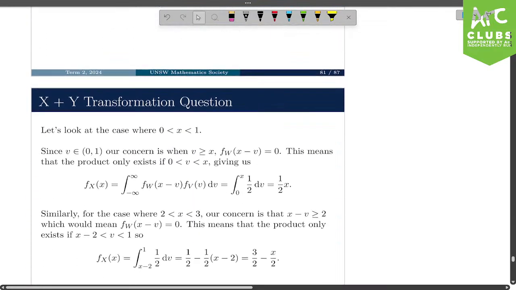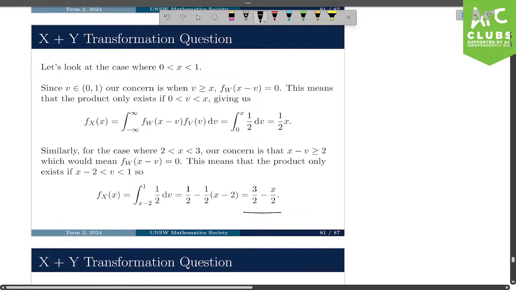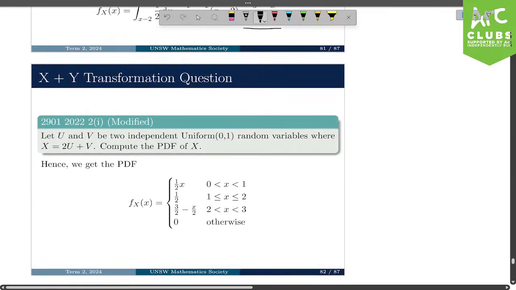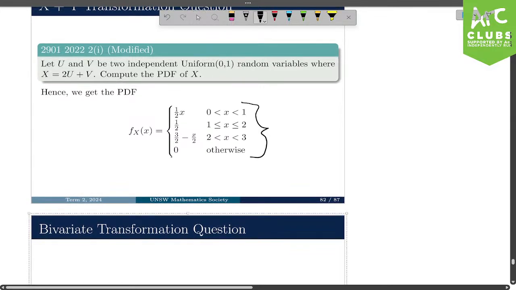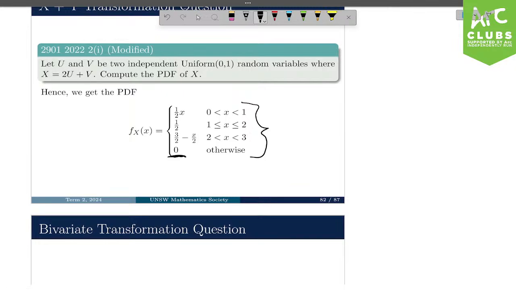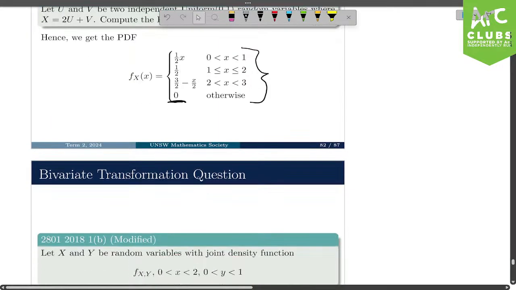We end up with the other one right. And so, bang on. Mind you, it is always important to note that it is 0 otherwise, because when we call these cumulative distribution functions or probability density functions, we need to ensure that we are defining it over the broadest domain possible.